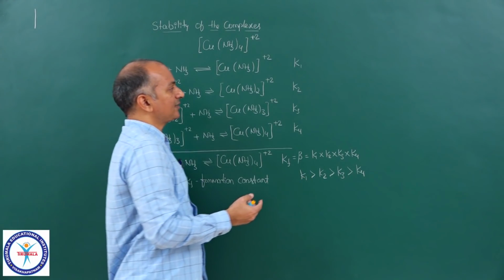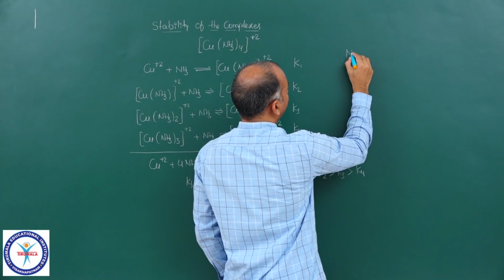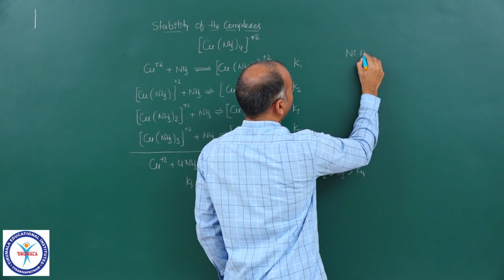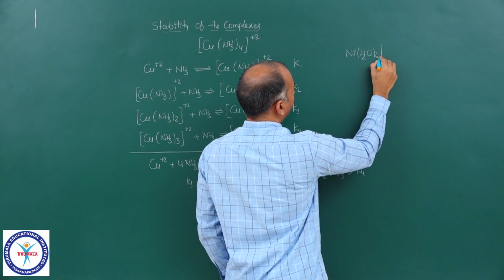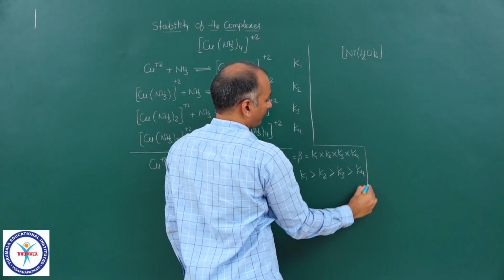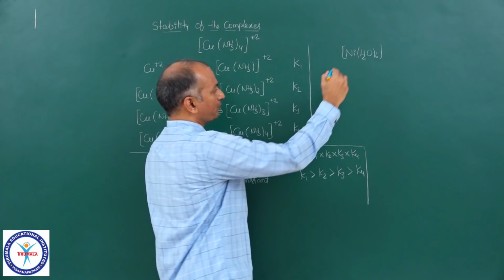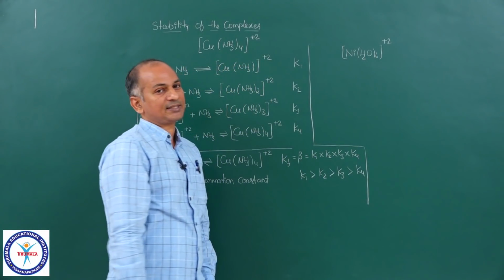And one more point is, now all of you see, suppose you take Ni, H2O taken 6 times, plus 2. So this is one complex.